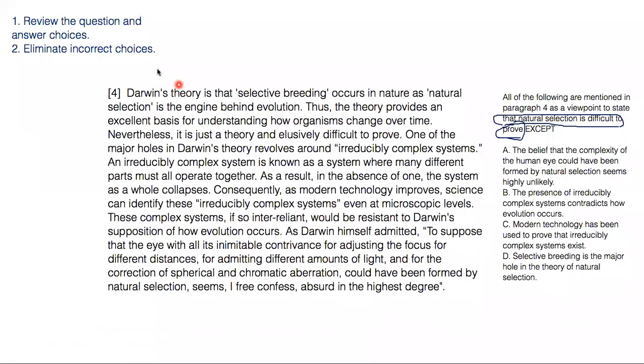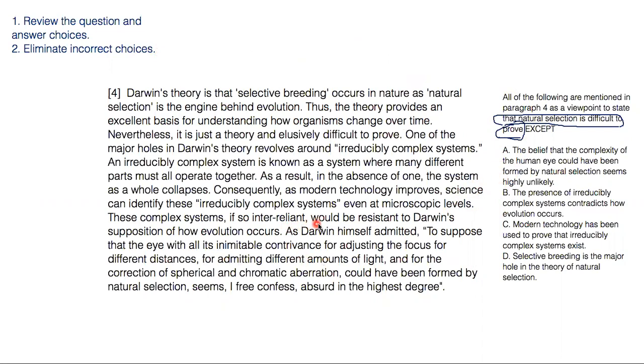Strategy number 2 says to eliminate incorrect choices. So to do this, we're going to search and find each of the pieces of information, and as we find them listed in the passage, then we can eliminate them. A says the belief that the complexity of the human eye could have been formed by natural selection seems highly unlikely.